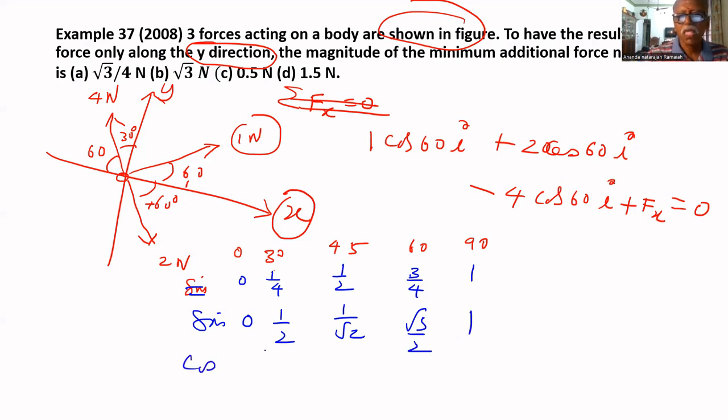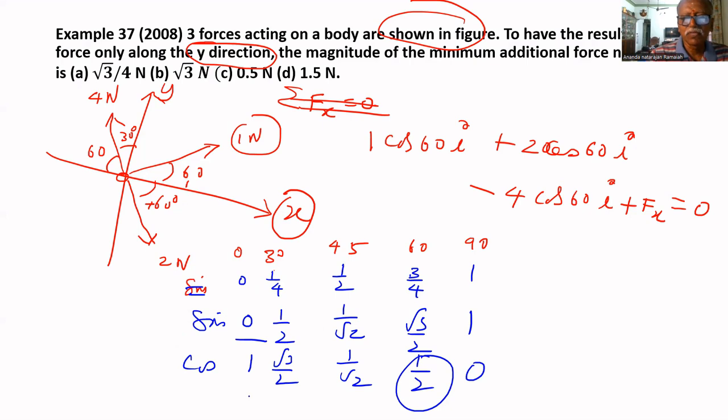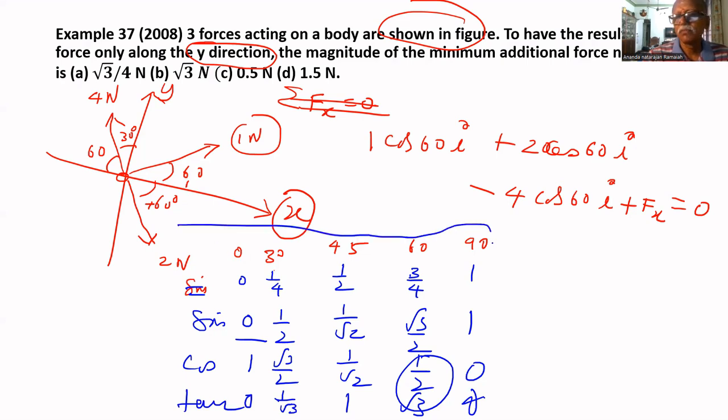Cos is the reverse: 1, root 3 by 2, 1 by root 2, 1 by 2, so cos 60 is 1 by 2. For tan, we have to find the ratio of these: 0, 1 by root 3, 1, root 3, infinity. Please memorize this.